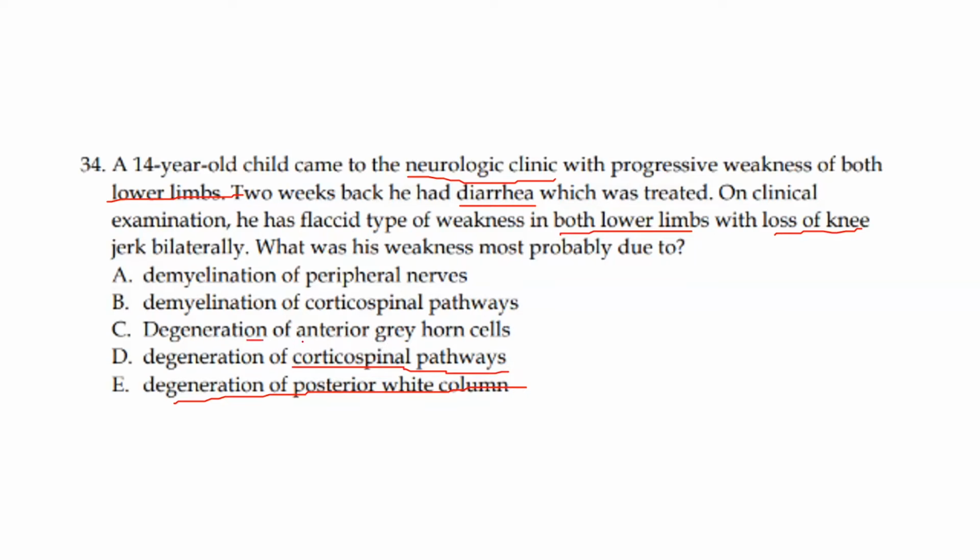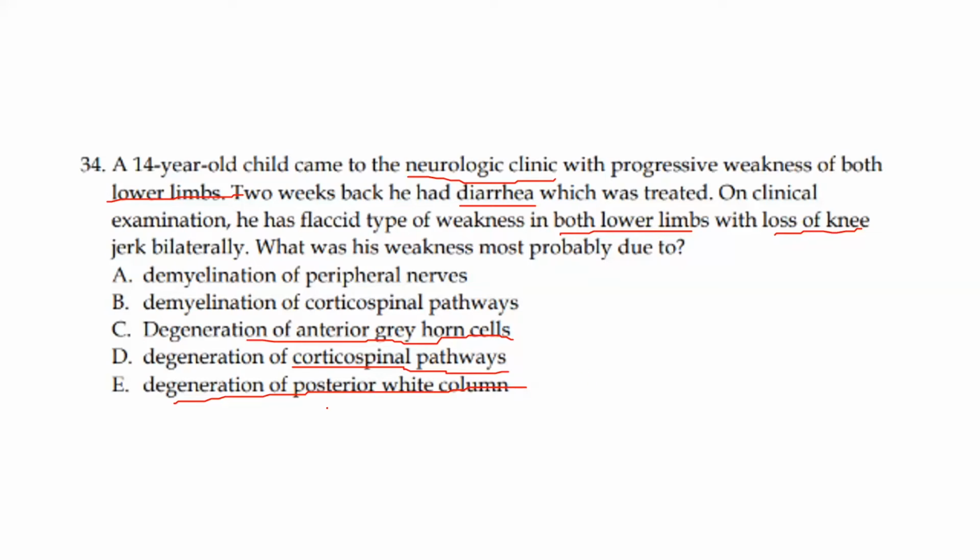Degeneration of anterior gray horn cells is also the wrong answer. Degeneration of anterior gray horn cells is going to be present in a case of spinal muscular atrophy, which is a hereditary condition, and you're going to have upper limb and lower limb flaccid paralysis and loss of reflexes.